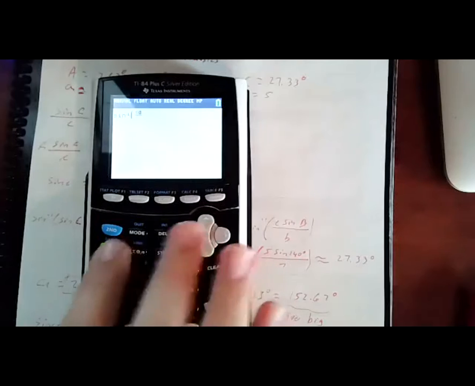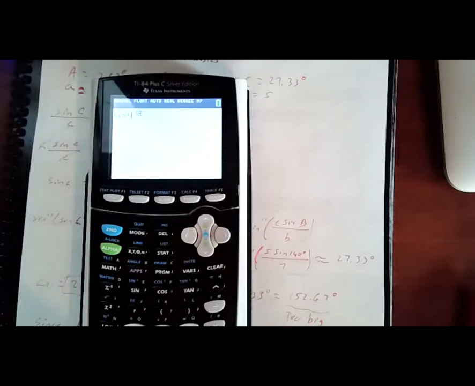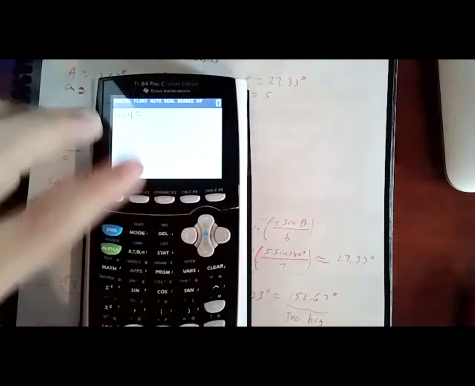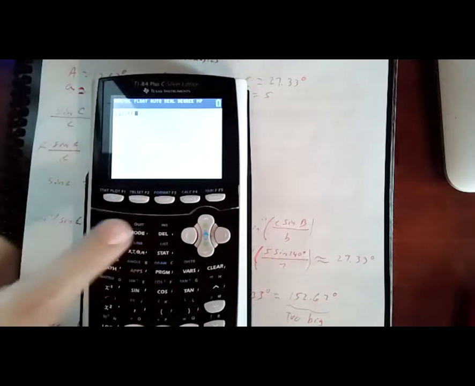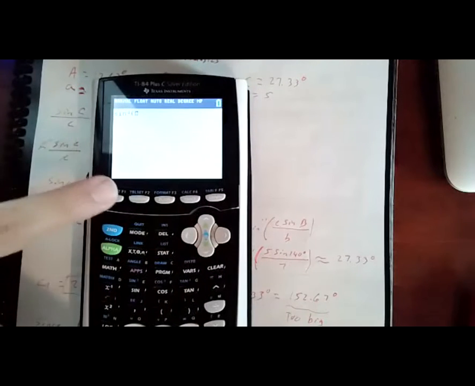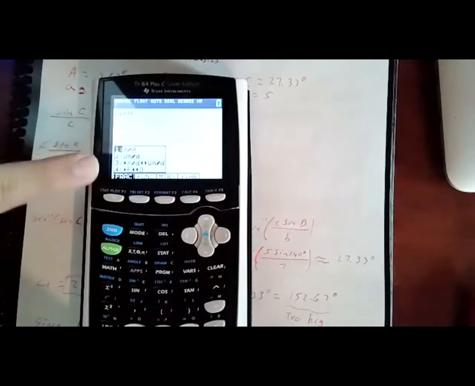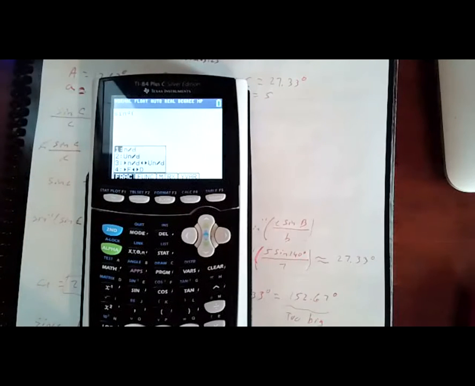We have to hit alpha first, and then y equals. It should look like this. Let me try it again. It's alpha, y equals, and then this little menu pops up. I have the TI-84 and it's giving me plots too. Yeah, alpha? I have the TI-83, but it's giving me plots.